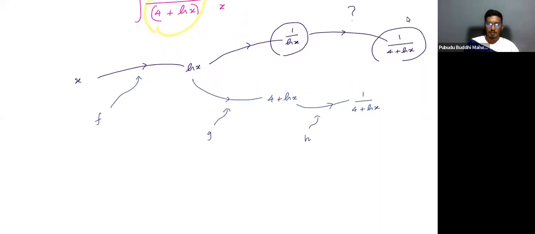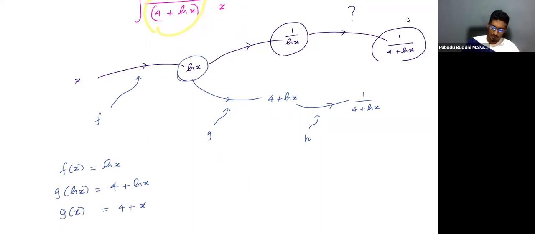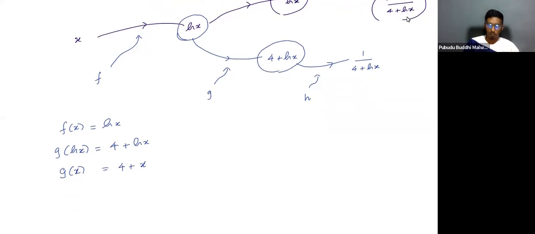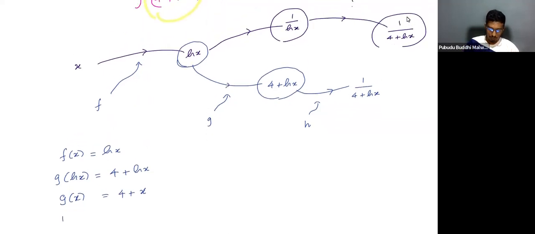Maybe you can write functions f of x equals natural log of x. g of natural log of x equals 4 plus natural log of x. Hence, g of x equals 4 plus x, because this is the input for that function and this is the output. And similarly, h of x, the outer function.